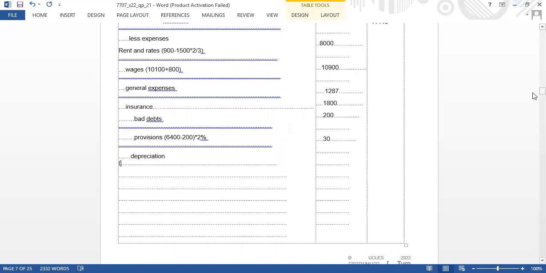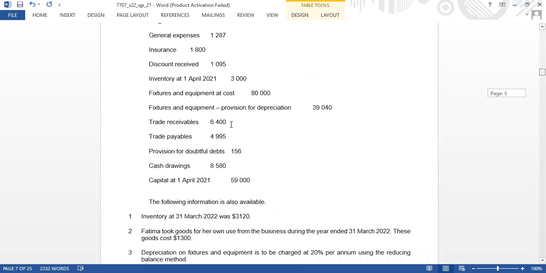Depreciation is calculated by reducing balance method. We have fixtures and fit equipment at cost 80,000. We have provision for depreciation, that means accumulated depreciation, of 39,040. So we'll deduct 39,040 from 80,000.